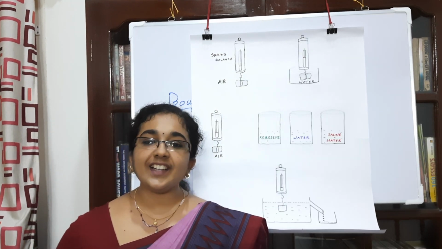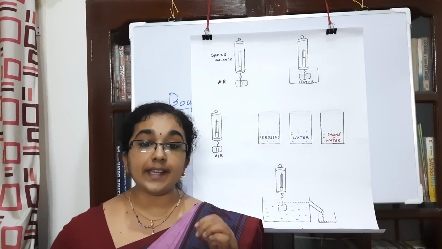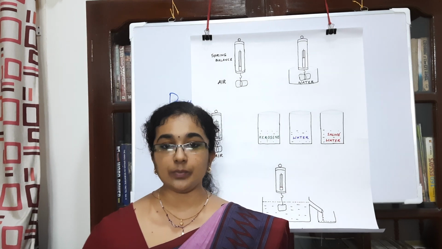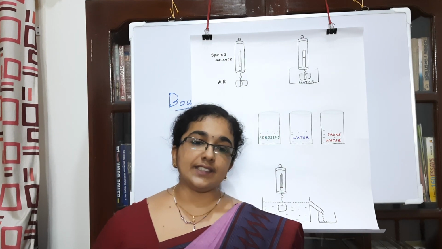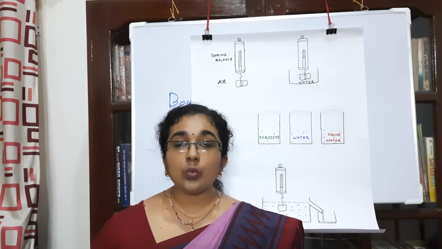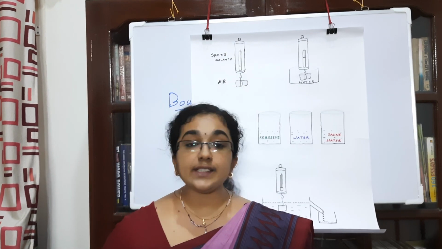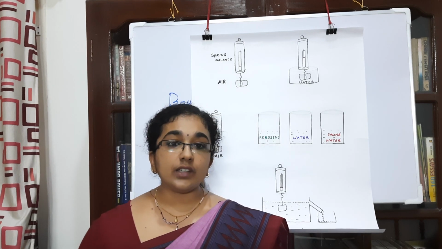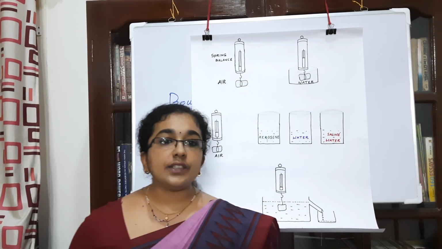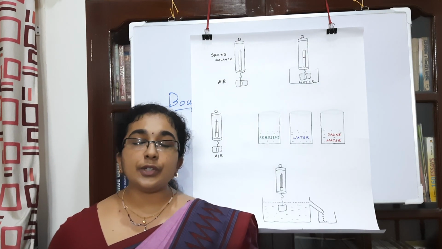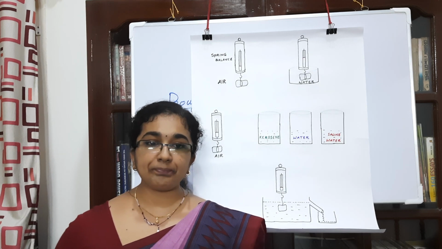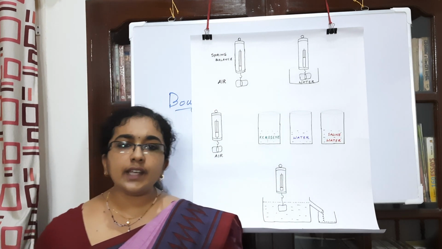Now let us know the interesting story behind the evolution of this Archimedes principle. Archimedes was born in 287 BC in a port city in Italy, and he lived during the rule of King Herod.